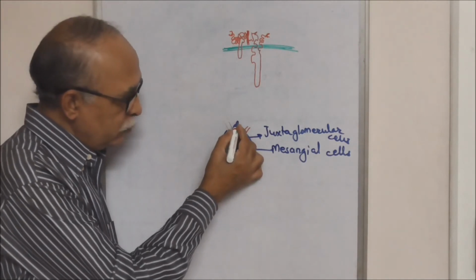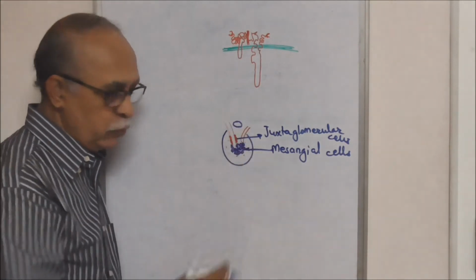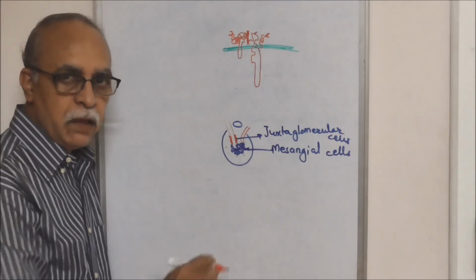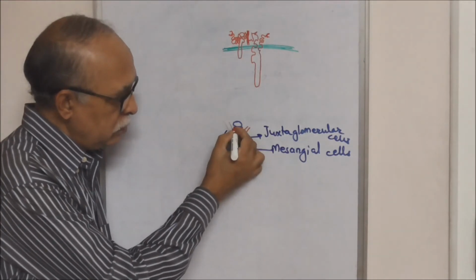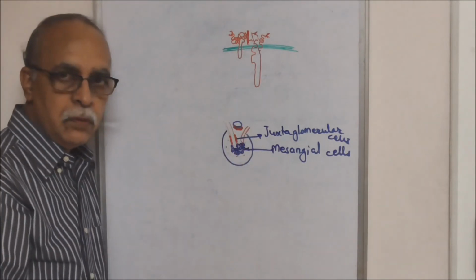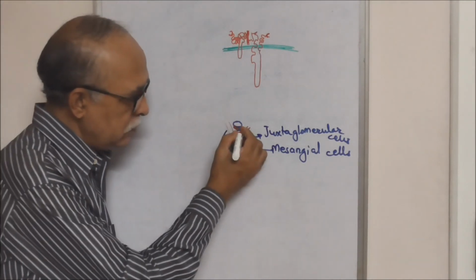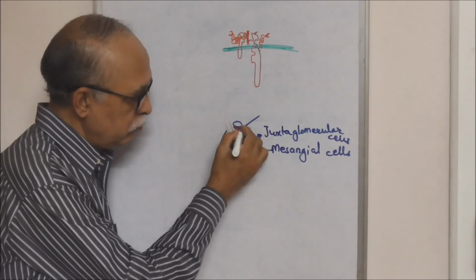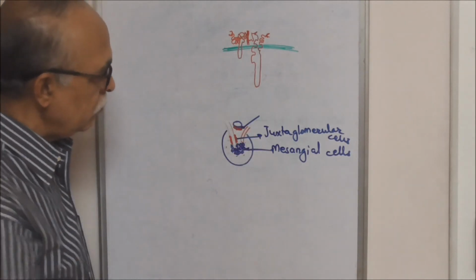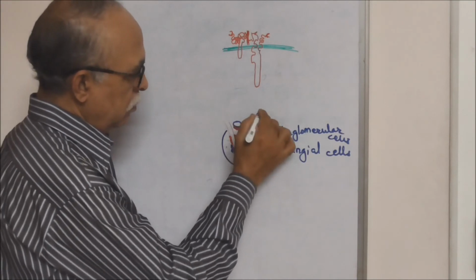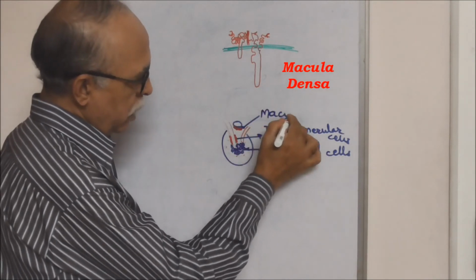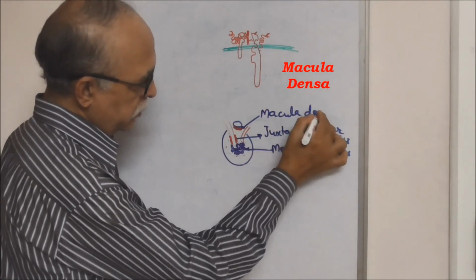Whereas, suppose this is the distal convoluted tubule, DCT. There will be some cells in this position which are called macula densa.